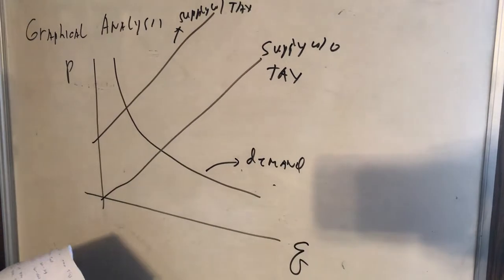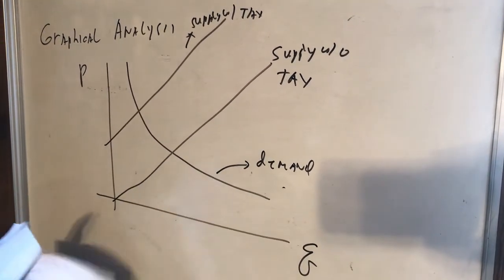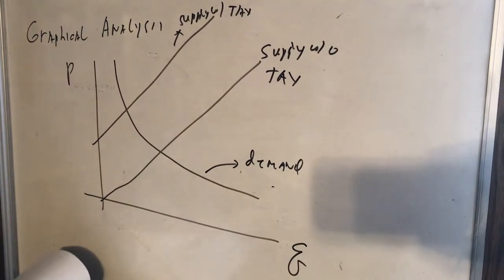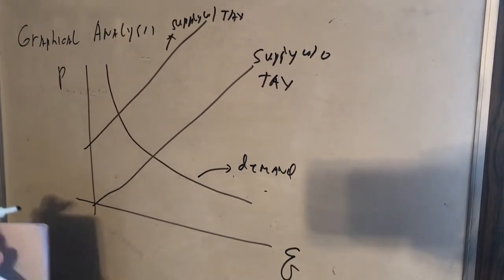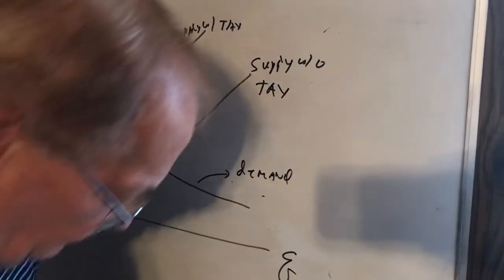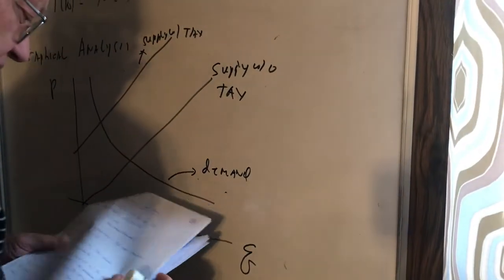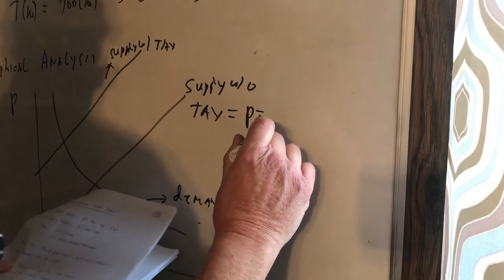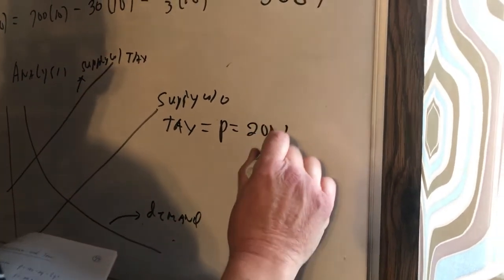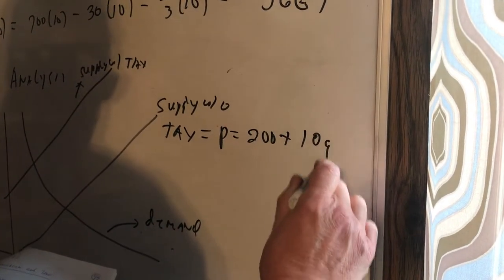So if we go back to what our demand and original supply functions were, go back to the beginning here. Supply without tax was P equals 200 plus 10Q.